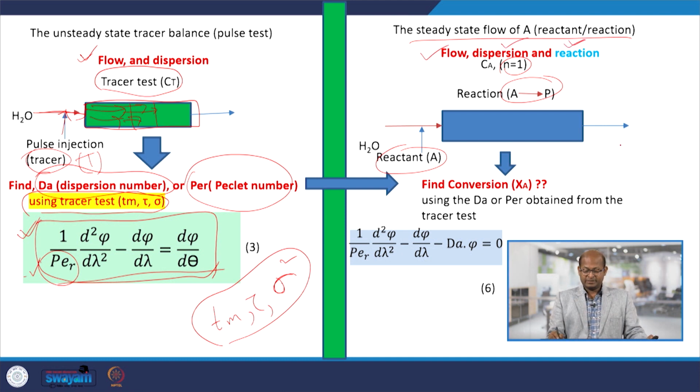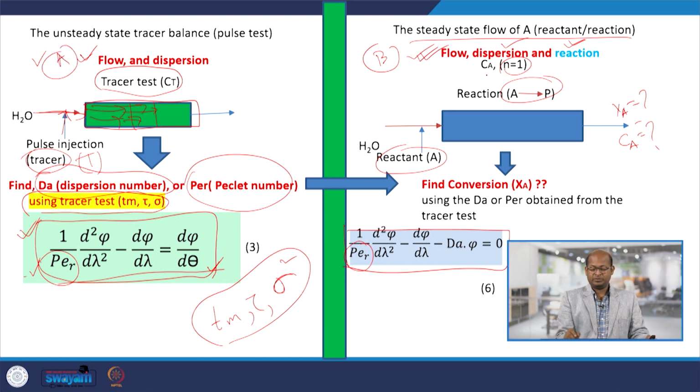In that case we want to find the outlet concentration or conversion. Using these models, with the help of the dispersion tracer test, we can get the dispersion number and use it here. These are the equations we have derived, the second order differential equation for these systems.